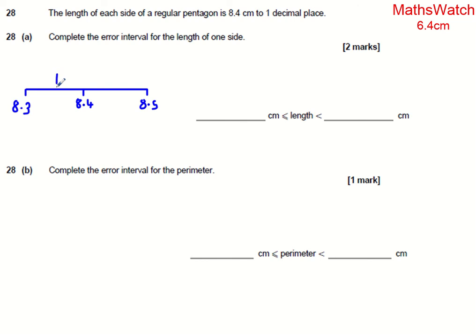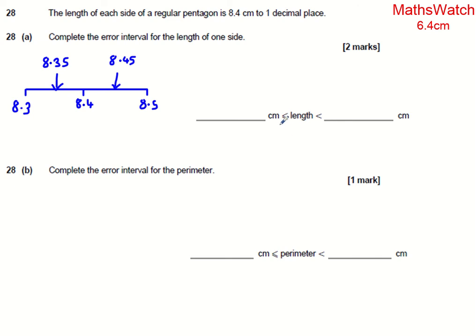Those numbers are found at the midpoints of these sections. So the number in the middle of 8.3 and 8.4 is 8.35, and the number in the middle of 8.4 and 8.5 is 8.45.